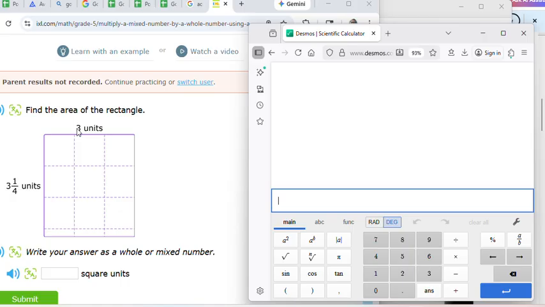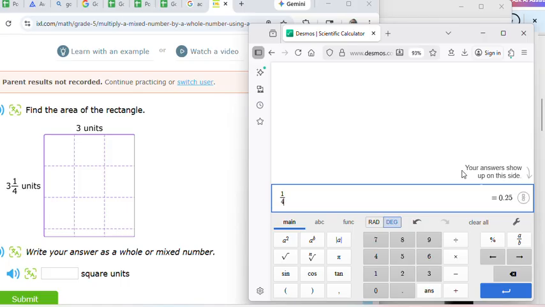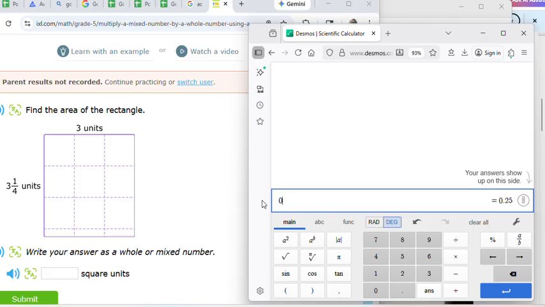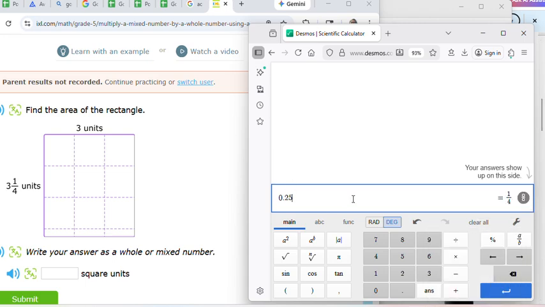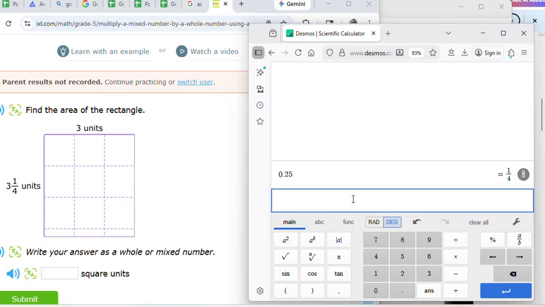But let's start here. One, notice Desmos will convert a fraction into a decimal very easily. And by the way, notice this toggle over here. If I put in 0.25, notice over here it will convert it to a fraction. But anyway, we have this equivalency simply using the calculator.